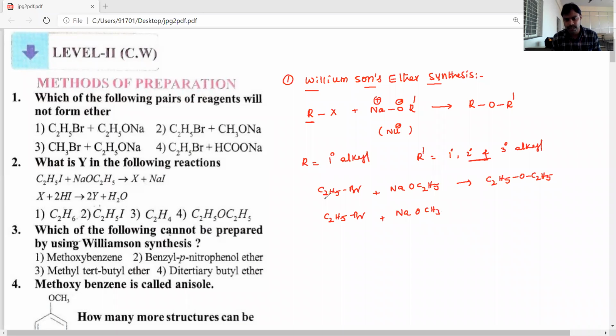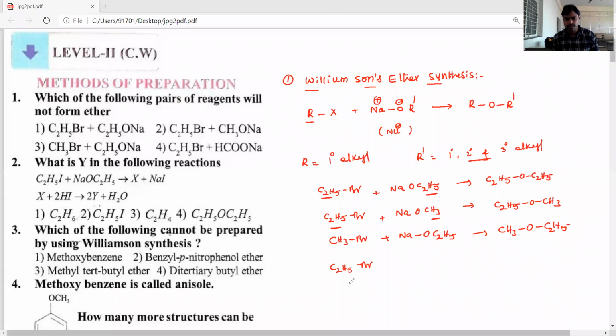If you observe, the alkyl group present is primary, and the other is a primary methyl group, and the corresponding ether is C2H5-O-CH3. The third one is methyl bromide, CH3Br, an alkyl halide, which reacts with sodium ethoxide and produces the corresponding ether CH3-O-C2H5.